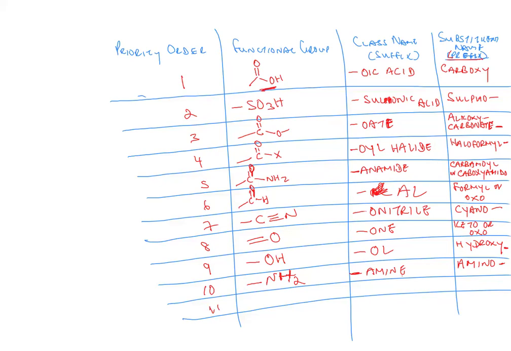Okay. 11th one. We're attaching. You should recognize this by now. That is ether. So just to make it clear, a suffix means the end part. That's the front part. Okay. So ether. Front we call alkoxy.